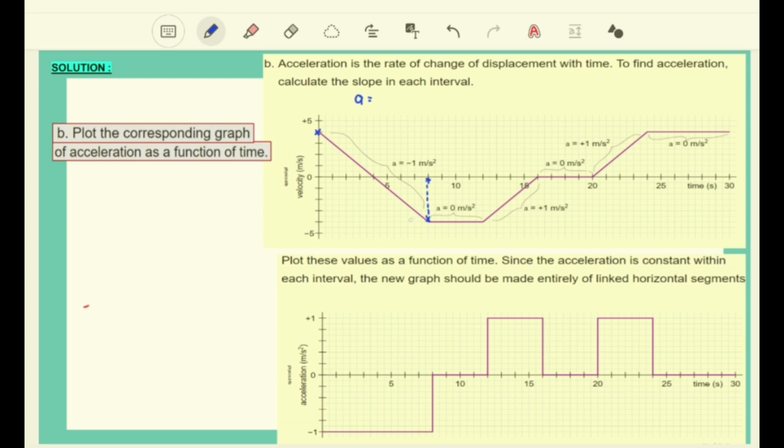The final point is -4, divided by 8 second, final t minus t initial, which is 0. So the answer is -8 divided by 8. So it's -1 meter per second. Oops, sorry, meter per second squared.